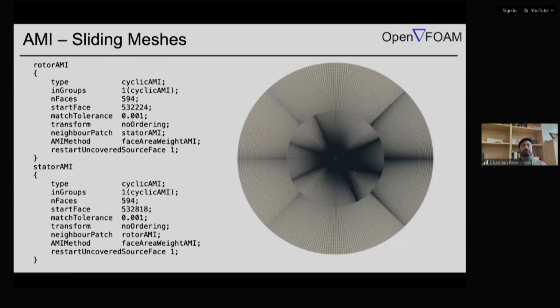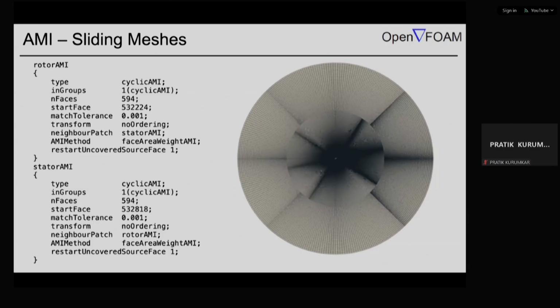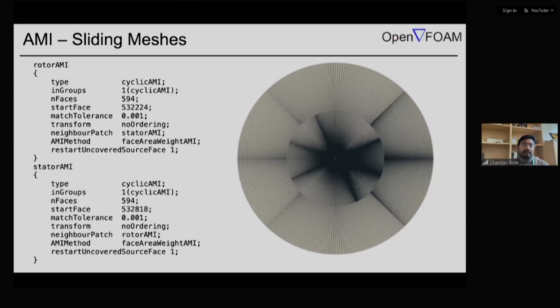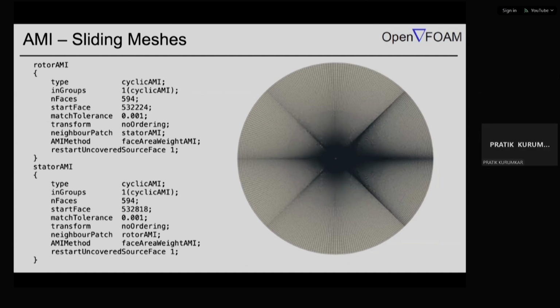But in this case, we have to use an appropriate boundary condition, which would be cyclic AMI. We have to define two different patches which are neighbors to each other. Then we have to declare that this is AMI patch 1 and the other one is AMI patch 2, and they should interact with each other to interpolate the solution back and forth from one mesh region to the other.